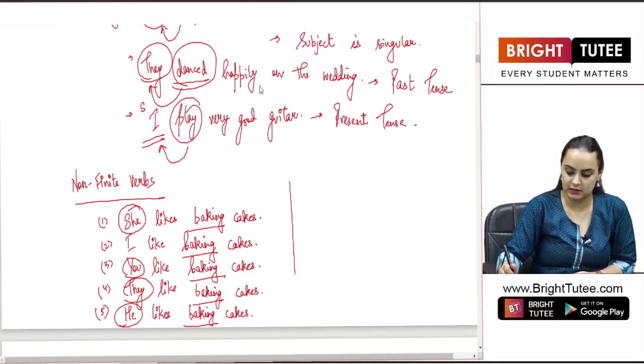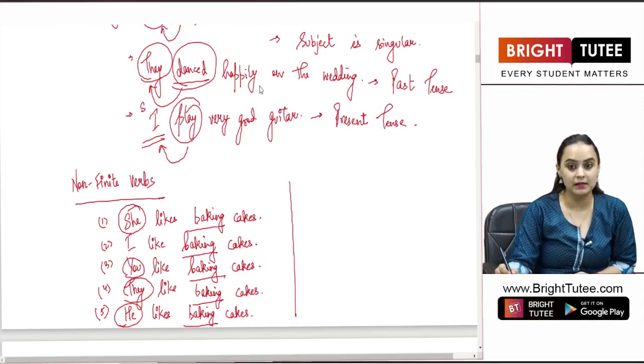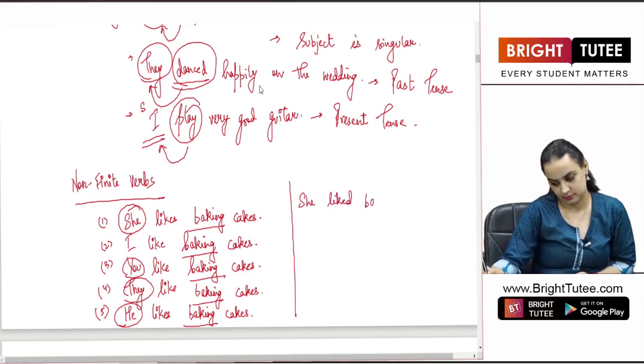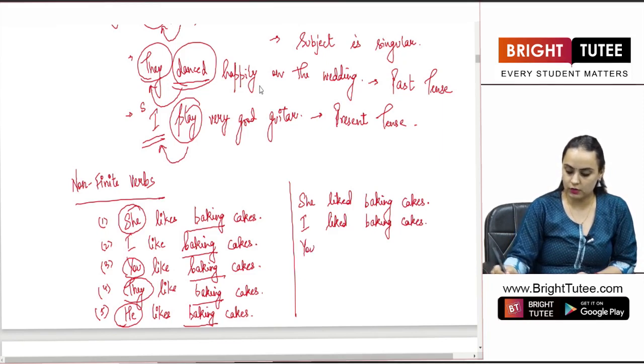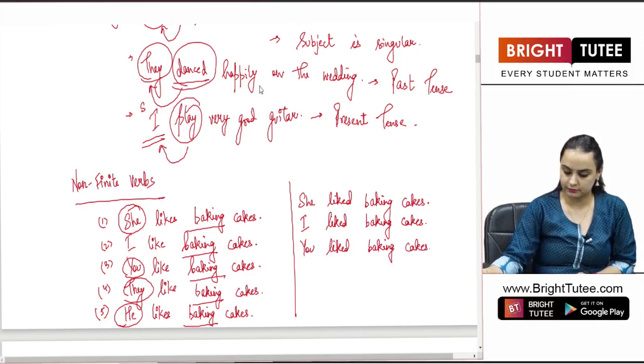If I write the same sentences in past tense: She liked baking cakes. I liked baking cakes. You liked baking cakes. They liked baking cakes.